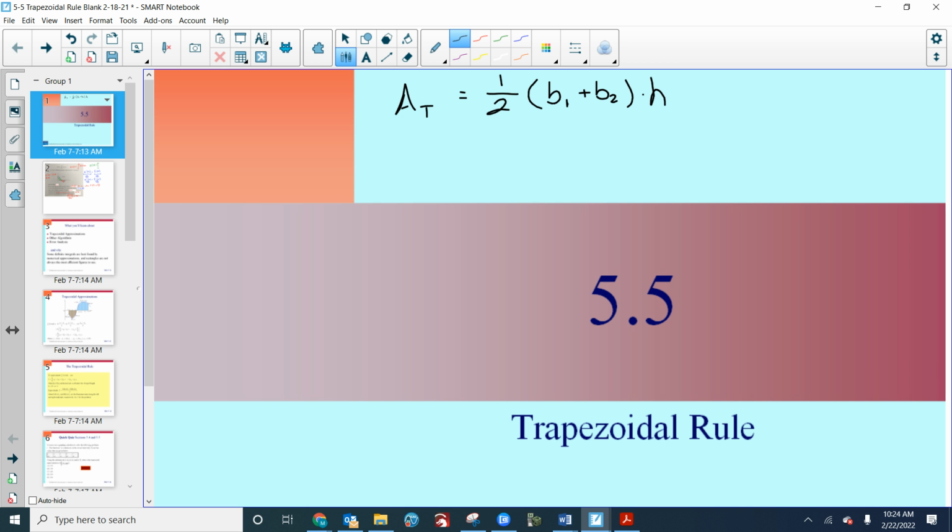Remember that? Half the bases times the height. Now, a triangle is half the base times the height. A trapezoid is half of the bases added together times the height. That's kind of the way I remember it. Now, be careful. In case you forget, be careful. All right? What do we call the h?